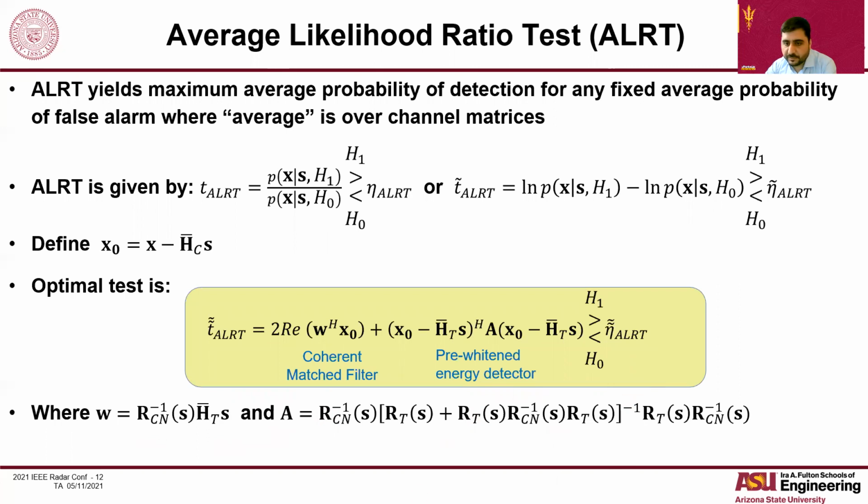Notice that in each case, whether coherent match filter or pre-whitening energy detector, the first thing applied to the data vector is the inverse of the clutter and noise covariance matrix R sub Cn, and that's where the pre-whitening aspect comes into action.